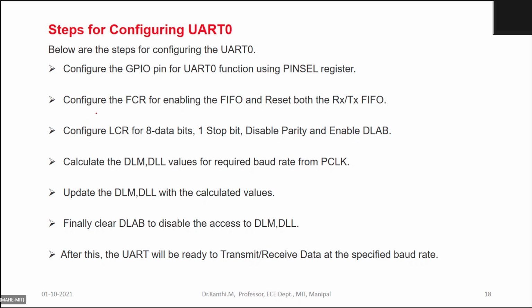Whatever port pins we are using are multiplexed. They have multiple functions. It can be used as a port, or it can be connected to other data and other buses.